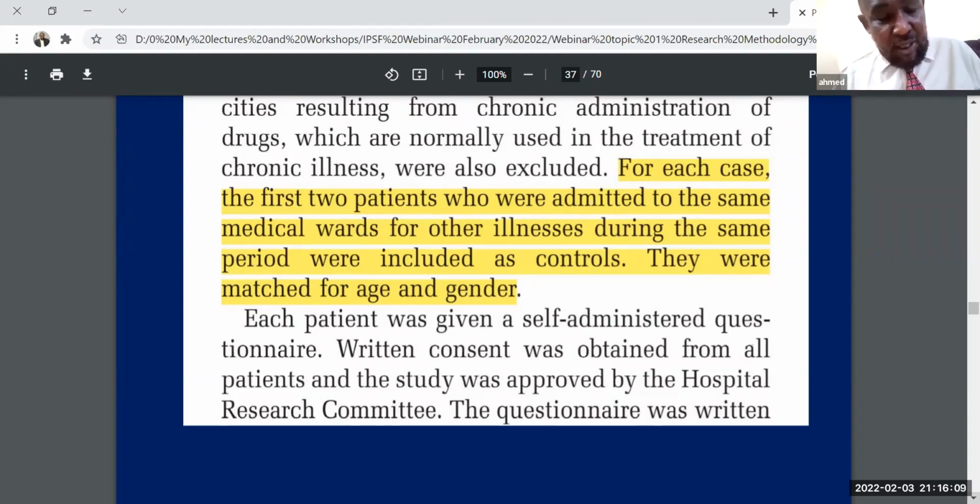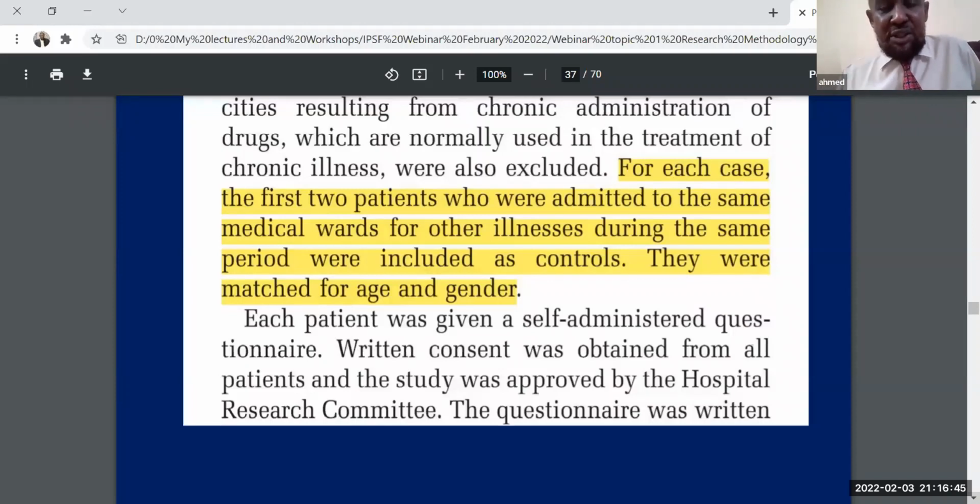And using matching will affect some of the statistical tests used. We will see we use a test called McNemar test, used instead of chi-square. Normally, if the data is not related, I mean the groups which are compared are not related, we use chi-square for categorical variables, and we use student t-test for difference in means between two groups, or ANOVA for difference in means between more than two groups.